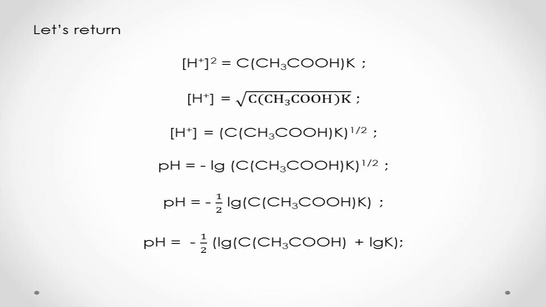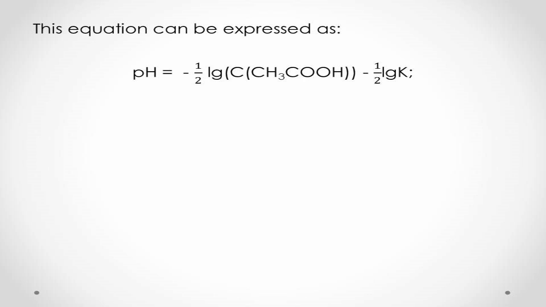Furthermore, we know that the logarithm of a product is the sum of the logarithms of its factors. So we rewrite the expression once more. Since there is a minus sign and a coefficient of 1/2 in front of the expression, we can expand the brackets and rewrite it this way.